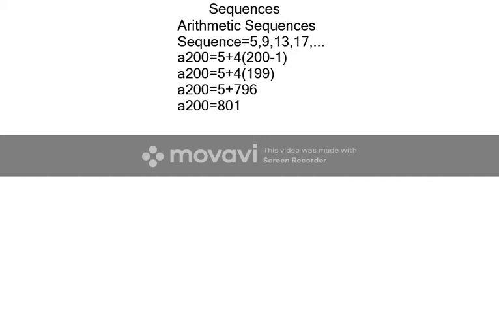Let me just get a calculator out real quick. Check this. So we have 4 times 199. Yeah, that's correct. So it's 796. So your final answer, when you have 200, will be 801. So that was a little bit harder problem. Let's go into one more example, and then we'll go into geometric sequences.